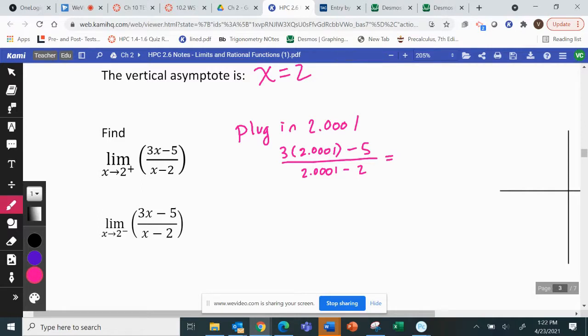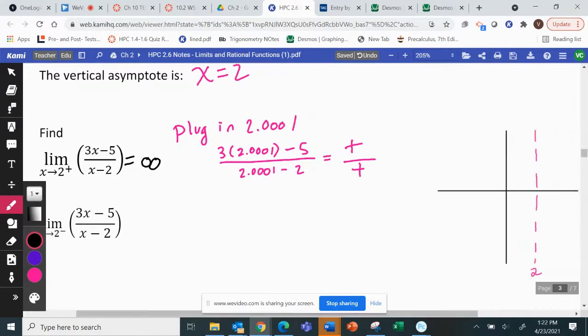Positive, because 3 times 2 is 6, and this is bigger than 6, so that'll be a positive number. In the denominator, if I take 2.0001 and then we take away 2, what kind of number do we get? Positive number. So this limit approaches positive infinity.